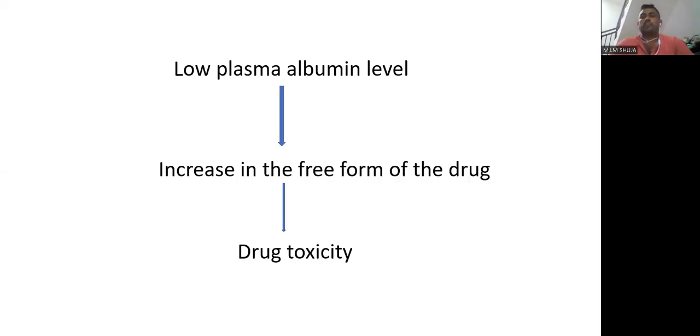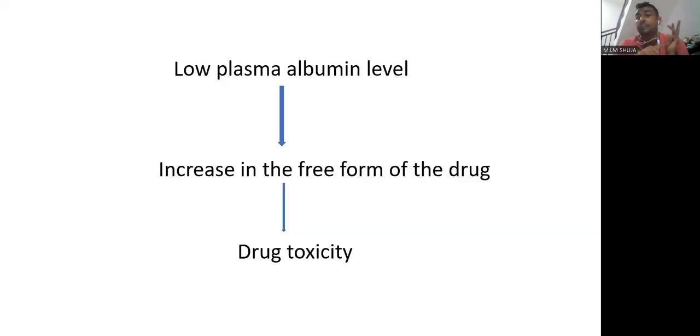So when you have a low plasma albumin level, there is an increase in the free form of the drug, like in liver disease, because the liver is the one which produces albumin, the plasma protein. You don't have enough plasma protein to bind with the drug. In kidney disease, you lose albumin in the urine, albuminuria.